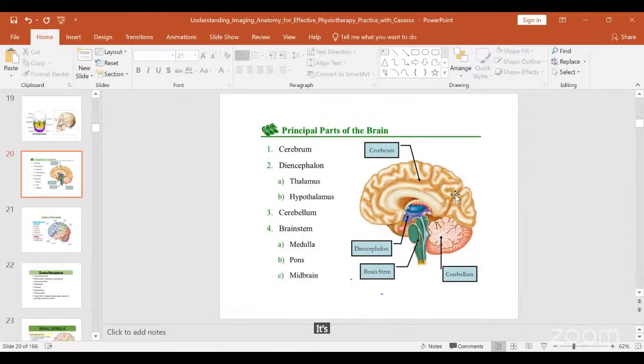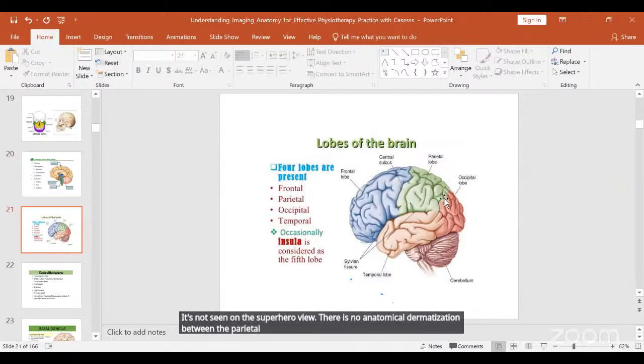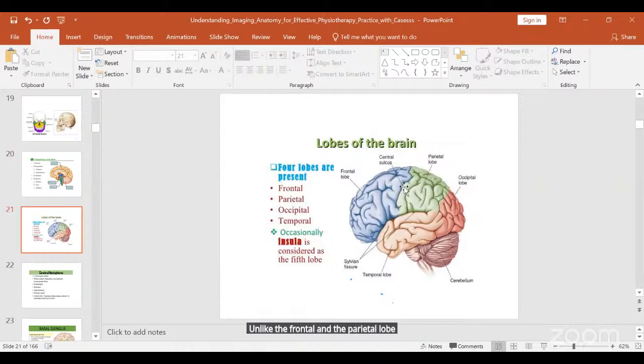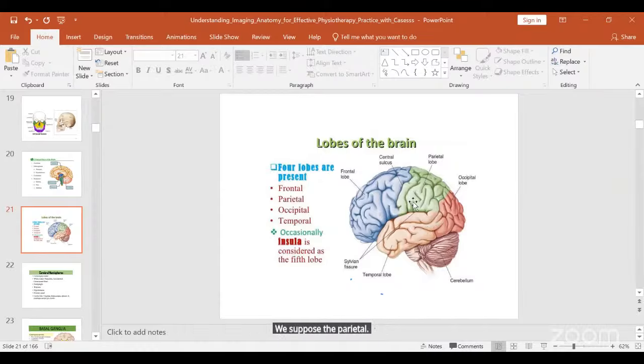It's not seen on the superolateral view. There is no anatomical demarcation between the parietal and the occipital lobe, unlike the frontal and the parietal lobe, where the central sulcus demarcates it, or the sylvian fissure, which separates the frontal and parietal from the temporal lobes. Are we together?